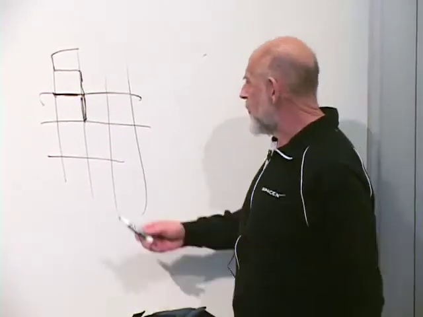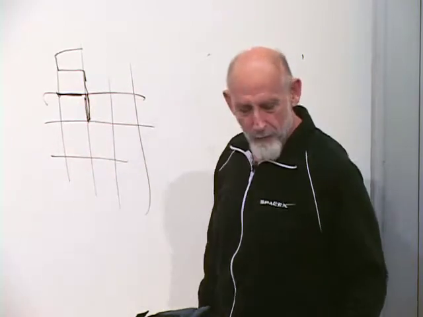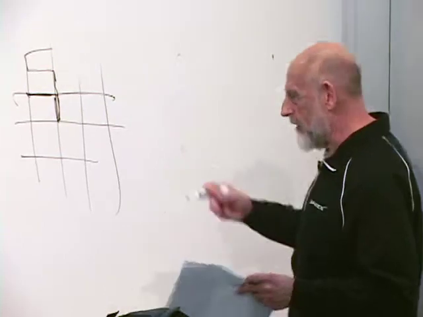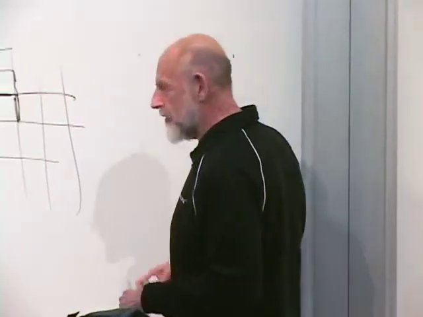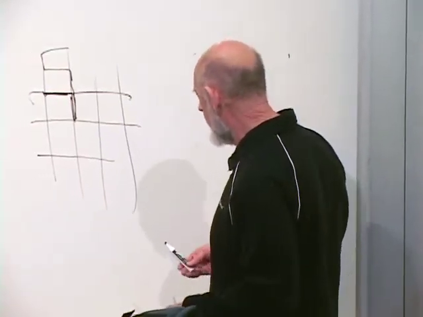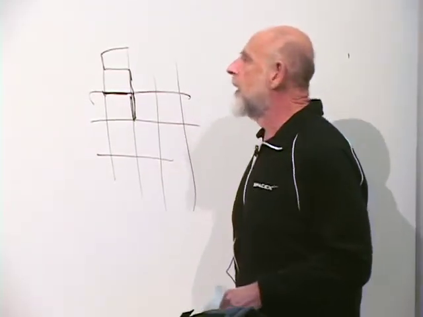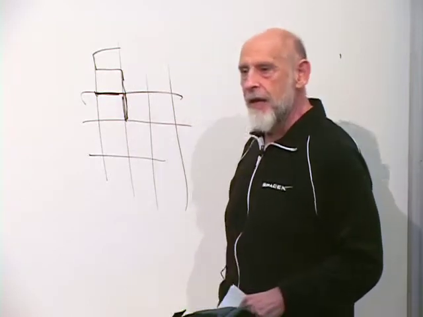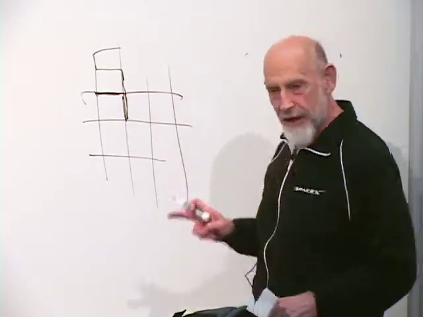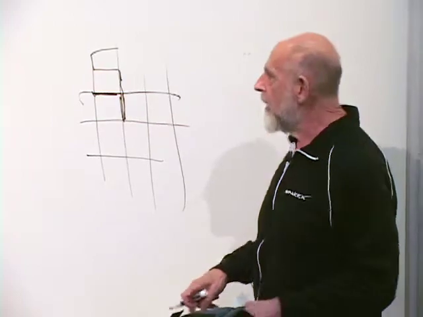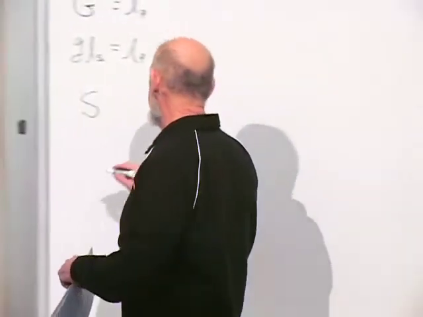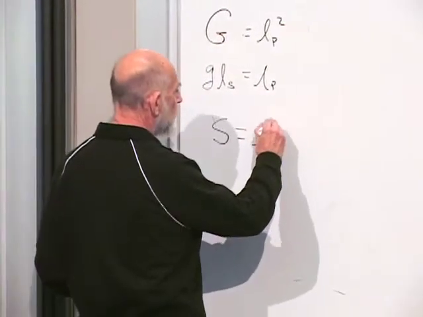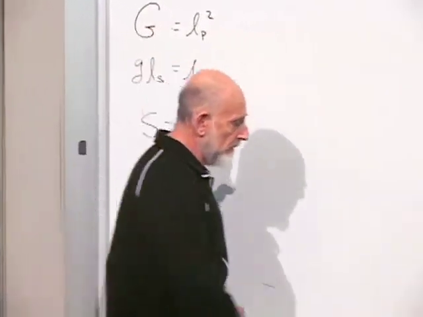If you have four possibilities, that's equivalent to two heads, tails kind of decisions. Let's not worry about the difference between 4 and 2. The number of elementary decisions to describe the configuration of the string is clearly proportional to its length. So the entropy of a string, the number of decisions, is going to be proportional to the length of the string.